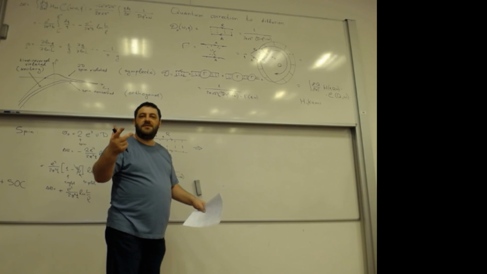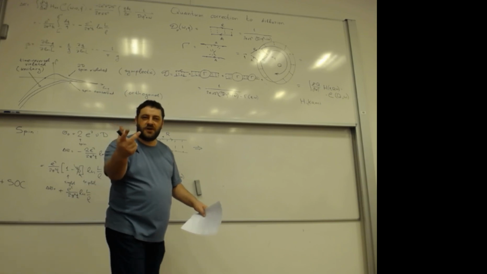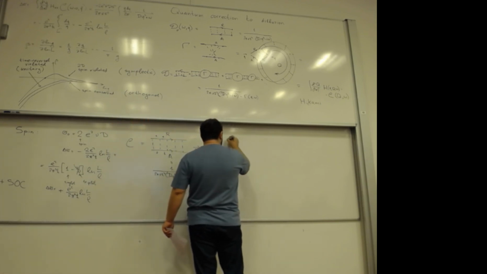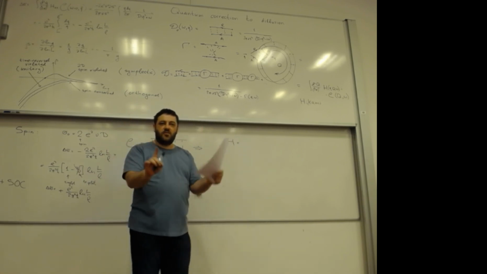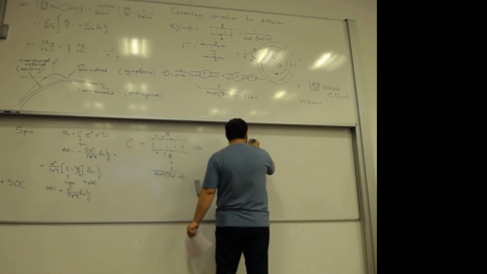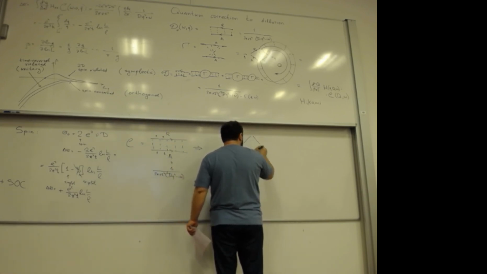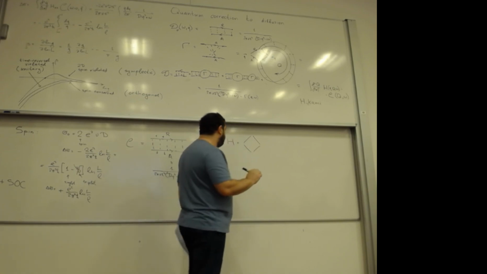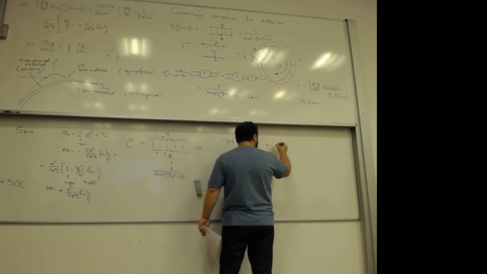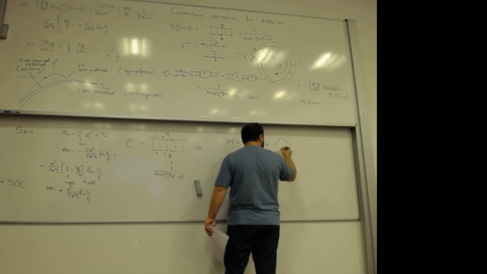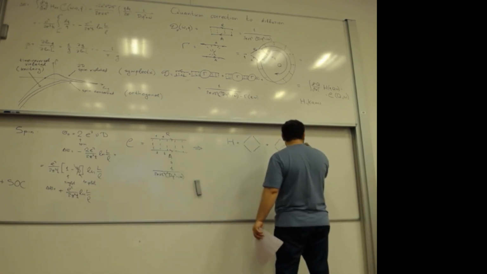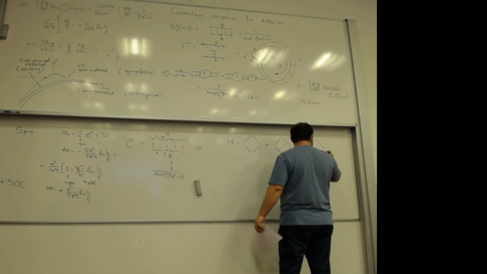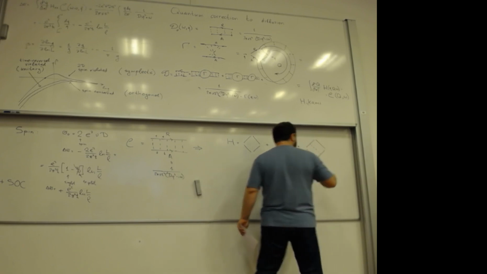A question: why do we just draw 4 green functions and not connect them with impurity lines? No, this is exactly the homework I'm going to give you. So this box, these 4 green functions, is actually a combination of several diagrams, one of which is just 4 green functions, and the other one is these 4 green functions with one impurity line like this, and yet another one is the same with the impurity line vertical like this.